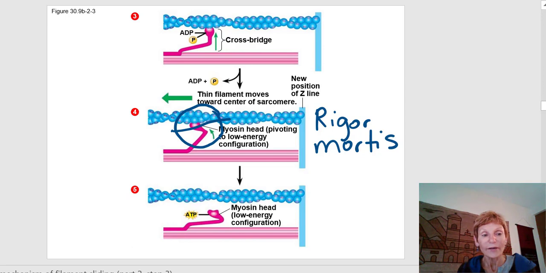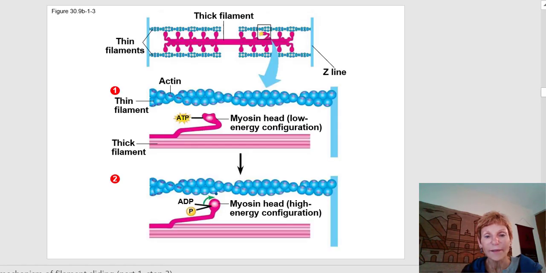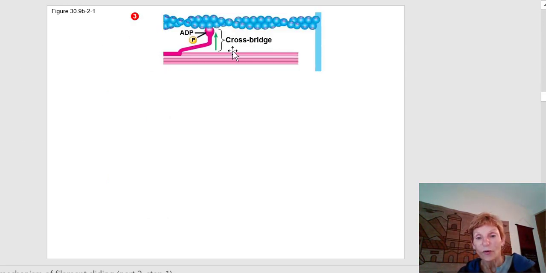So remember here, if you look back, in order to form that cross bridge, you've got the ATP, okay? Everybody has ATP, so they can let go from the previous contraction. The myosin can do the cocking of its head, but then the actual next step was to make the cross bridge.